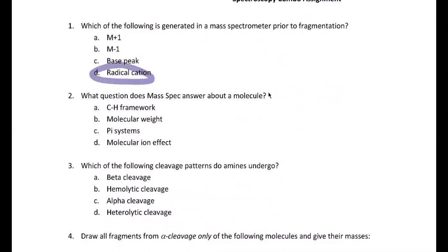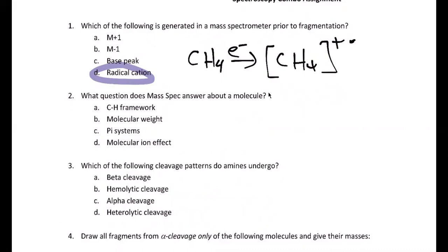Remember we used this example: we had CH4, and then we hit it with the electron beam, and it became the CH4 radical cation, losing one electron. That's what happens before fragmentation. You get this radical cation, and then when it fragments, one fragment becomes the radical and one fragment becomes the cation.